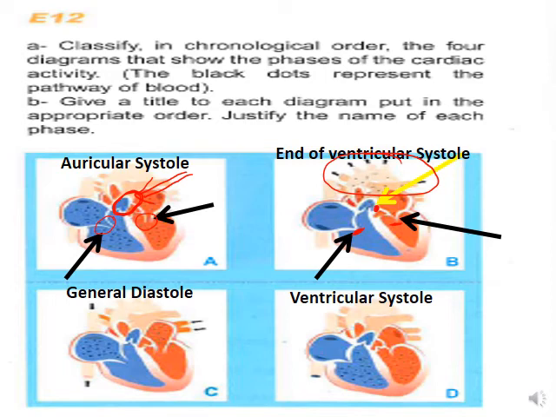So this is the end of the ventricular systole. While moving to phase D, phase D is at the beginning of the ventricular systole. So B is at the end, while D is at the beginning.